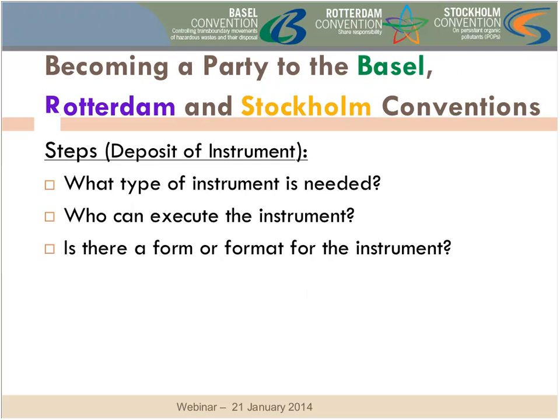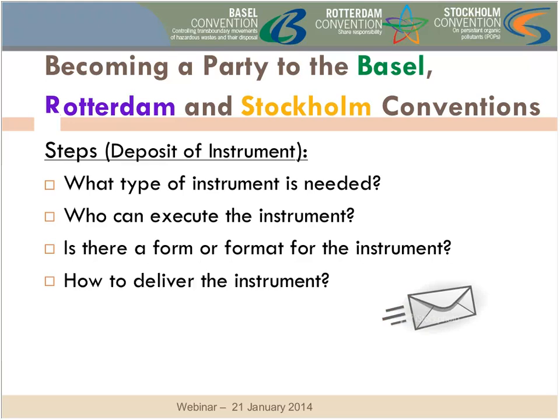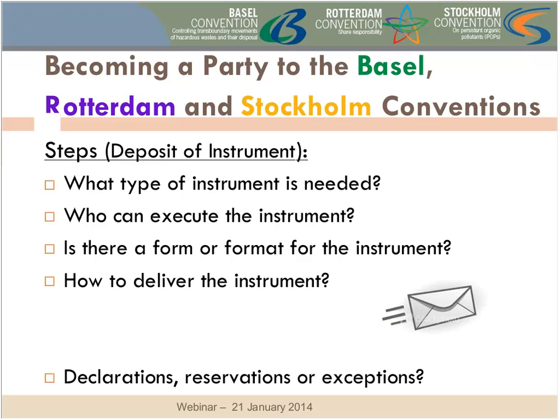The form or the format, and here also we would invite you to consult the treaty handbook for the models, which may be of assistance to help develop any other instruments. And then how to deliver that instrument, and whether you would need any declarations, reservations, or exceptions.